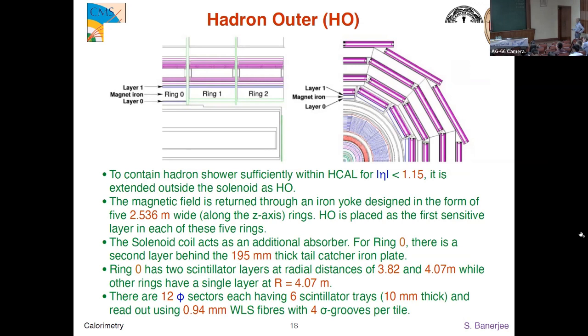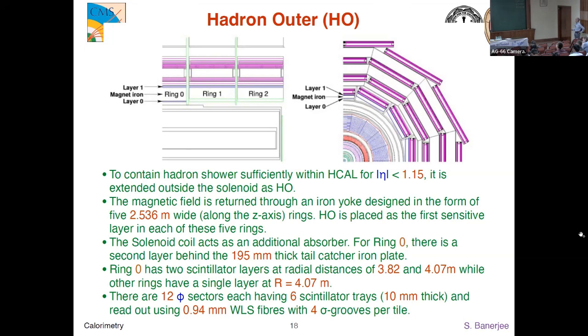They're all 1 centimeter thick scintillators. In the central ring, we have got 2 layers of scintillators at 3.8 and 4.1 meter distance from the interaction point. In all the other rings, we have only a single scintillator, at about 4.1 meters away from the interaction point.